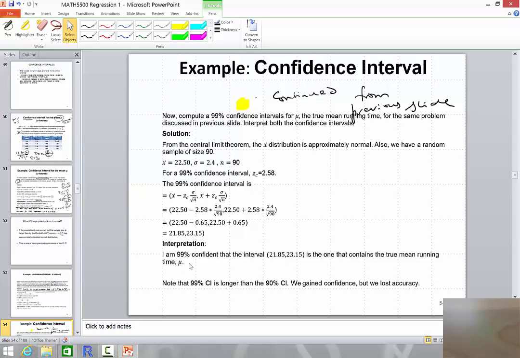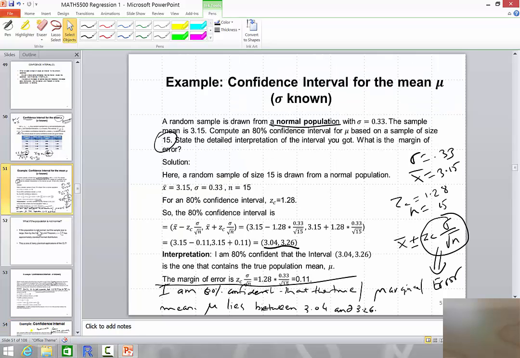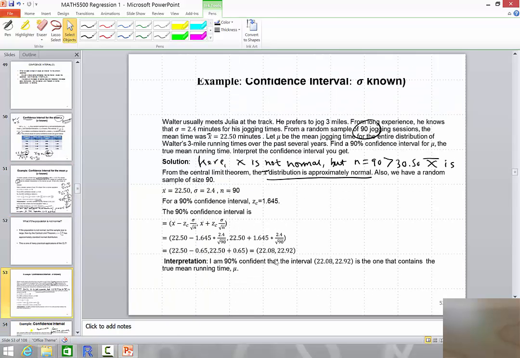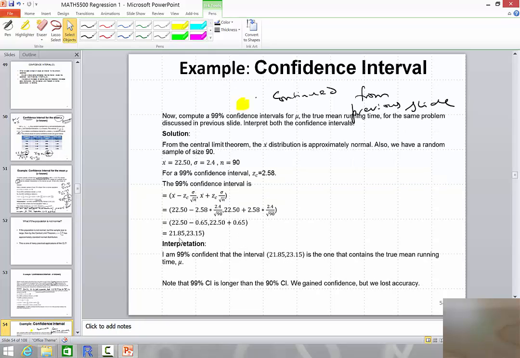Remember, we went from 90% to 99%, so we went to a higher confidence. With the higher confidence, did the confidence interval become wider or shorter? You figure that out. Earlier, how much was it? 22 and 22-something, right? How much here? 21, 23.